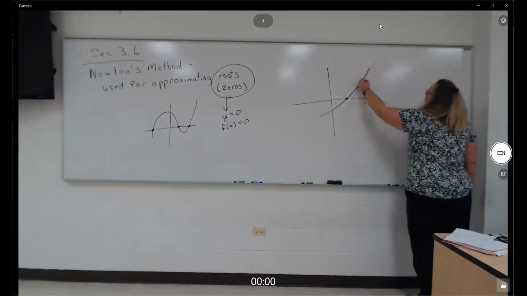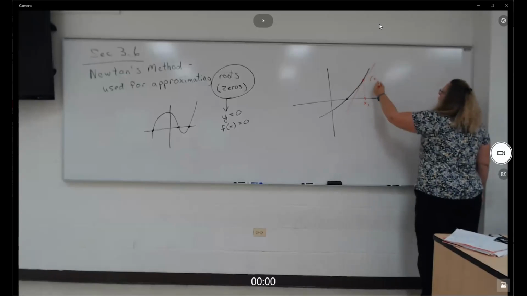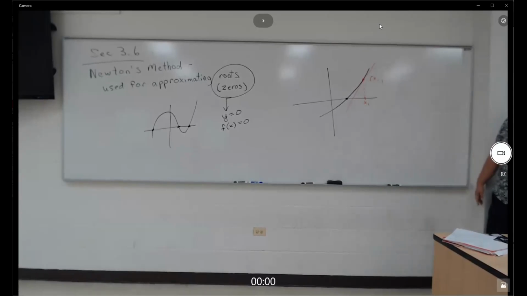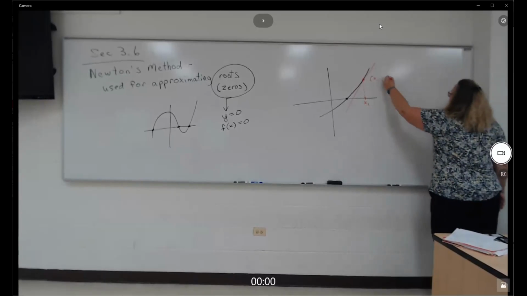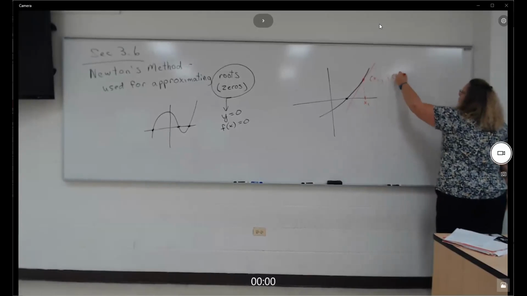So this point right here is x1, and then we could say y1, but we're going to write it a little bit fancy. Instead of y1, I'm going to write f of x, and specifically f of x1.